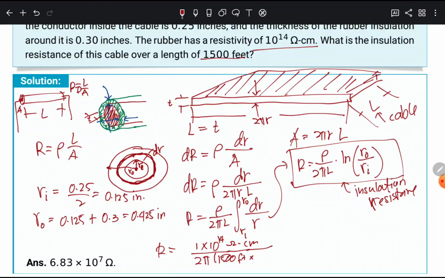And to do that, we have a conversion from centimeters to inches. I forget the conversion.